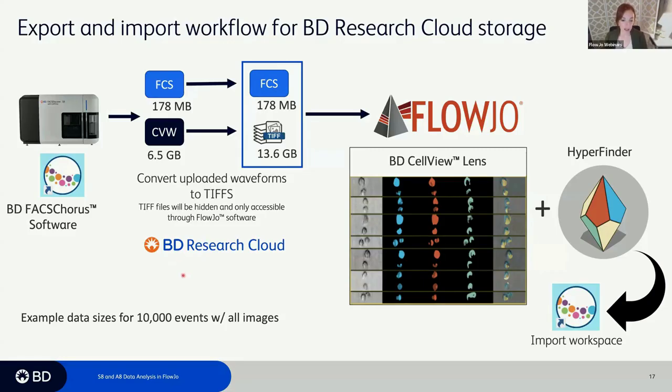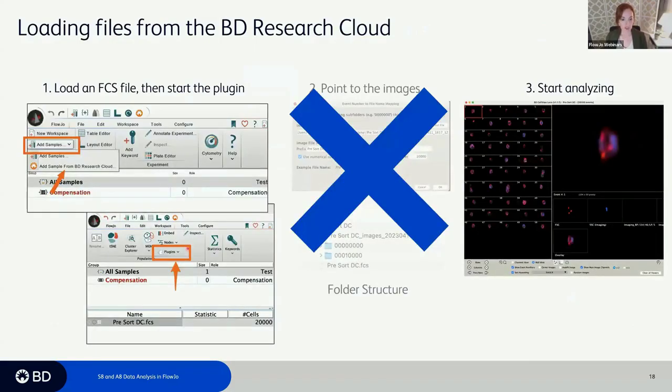Depending on how much storage you have, that might be enough to upload both your FCS file and your CBW file. What will happen is, when you're in the BD Research Cloud uploading your CBW file, it will ask if you would like to extract the TIFFs in the background and keep them stored on the cloud. If you enable that, you then have an opportunity to add your samples from the BD Research Cloud.